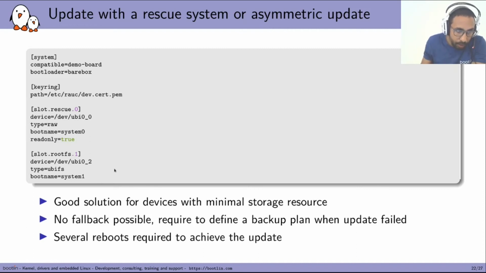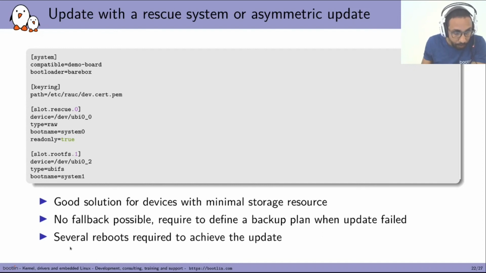But what you need to note is that this is a scenario where there is no fallback possible. If your main system is not updated correctly, then you need to make sure that you have a fallback scenario that will be implemented and executed from your rescue system.